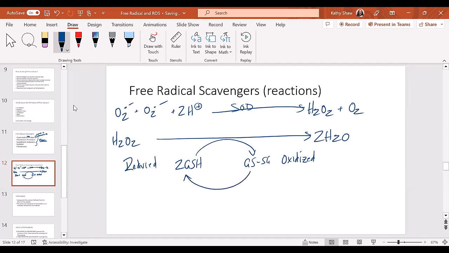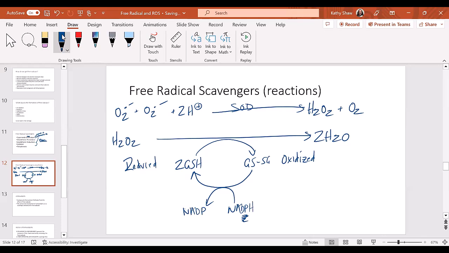I reduce it while I oxidize NADPH, which we'll talk about. It's not NADH, there's a P in there, to NADP.